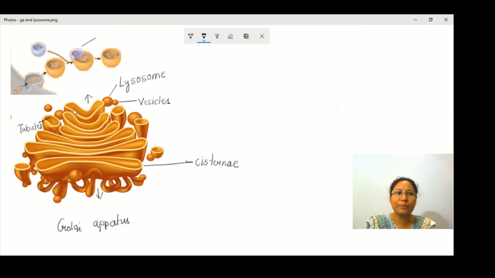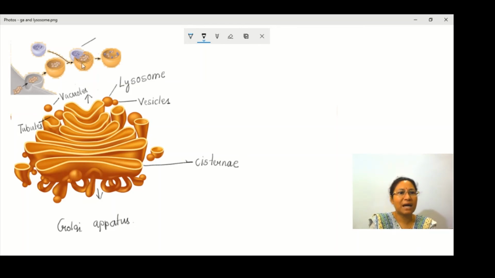To them we may call vacuoles. So they are the storage organs present in the animal cells. Students, you must remember the difference between vacuoles and lysosomes. Lysosomes are the ones which carry the digestive enzymes, and vacuoles are the ones which carry the other final products of proteins and lipids and are the storage organs here.